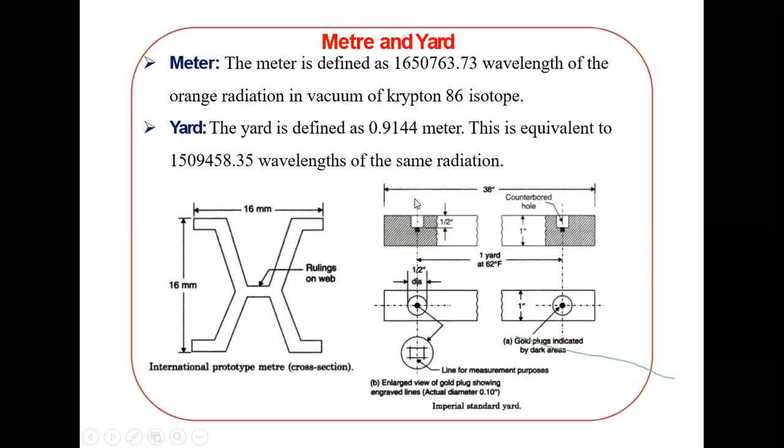Here you can see the drilled holes at both ends of the meter, in which gold flecks are attached. The holes are 1 by 2 inches, that is, a half inch portion.